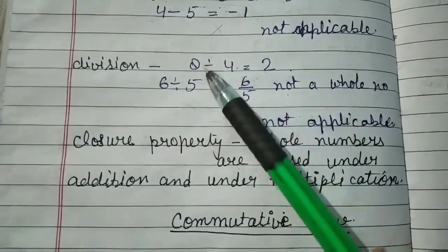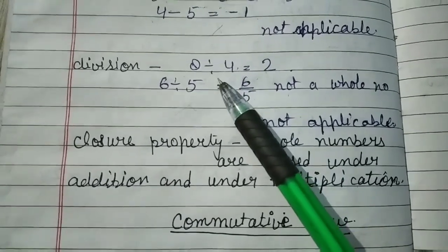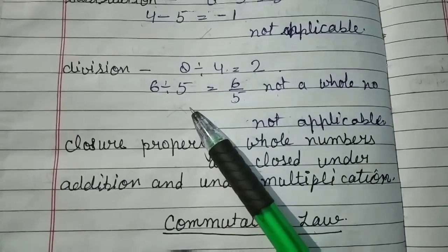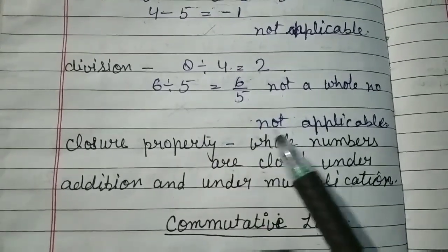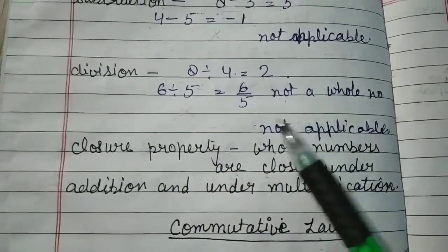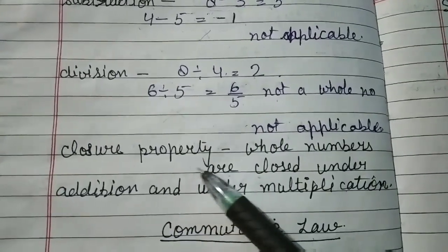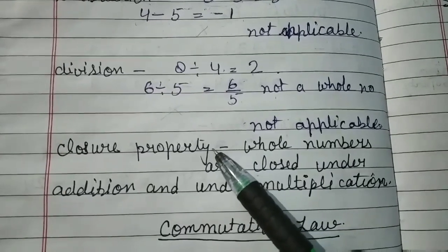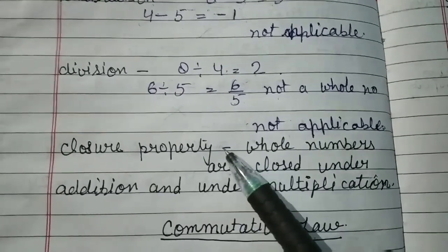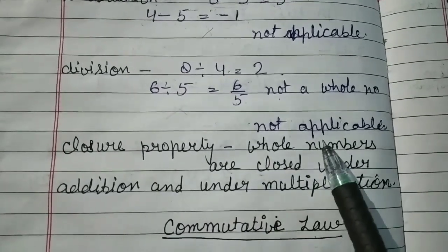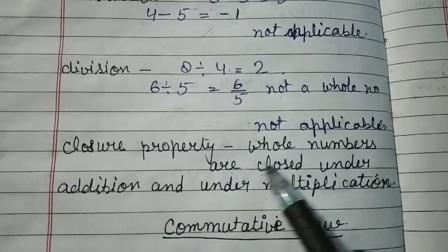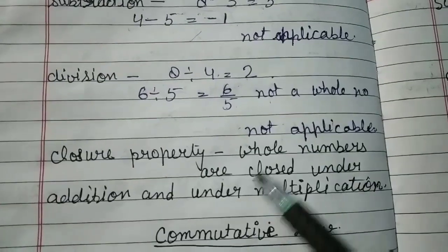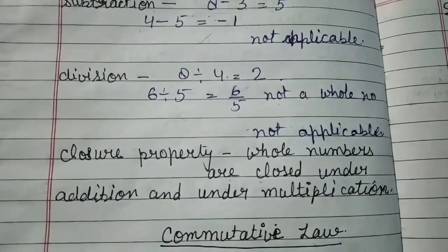Though in some cases it is applicable, like in the first example, there are some cases in which it is not, so we'll consider that it is not applicable. So what do we get as the result? The closure property, which states that after operating on two whole numbers we should get a whole number, holds: whole numbers are closed under addition and multiplication, but not under subtraction and division.